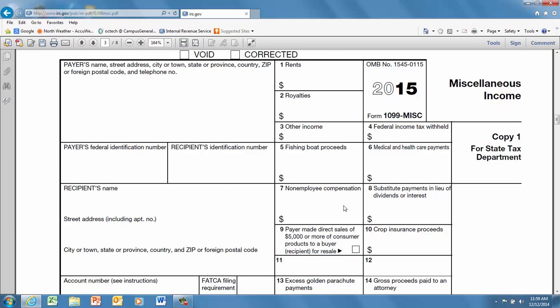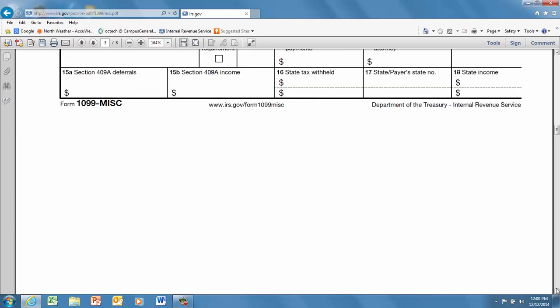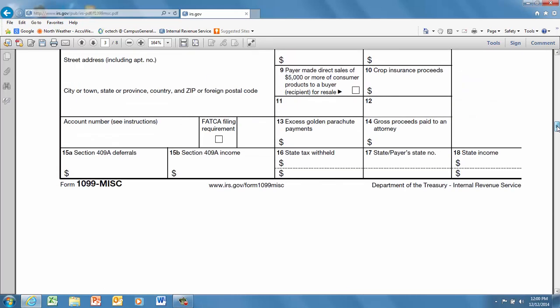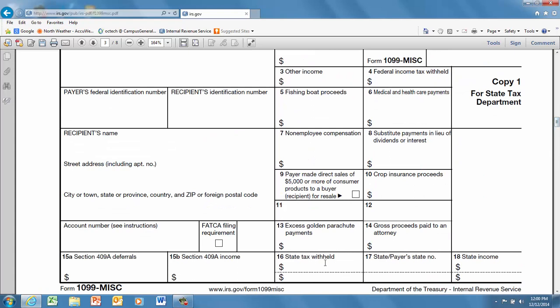Typically with independent contractors, we would just have the amount that we gave them in Box 7, and there would be nothing else. Okay? Now, down here, again, if they requested it, the state income tax could be withheld, and then you would have to put our state ID number here, and Box 18 would be the state income, which is going to be the same as Box 7.